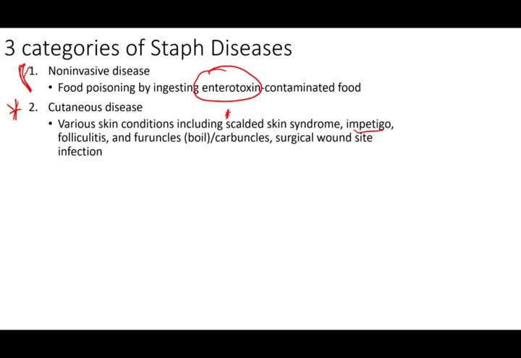And then there's folliculitis and these other skin diseases as well. And there are a variety of photos you can look up. And I mentioned the surgical wound sites, or just other wound sites in general, we know can be a location where staph can start an infection and develop to a disease state.